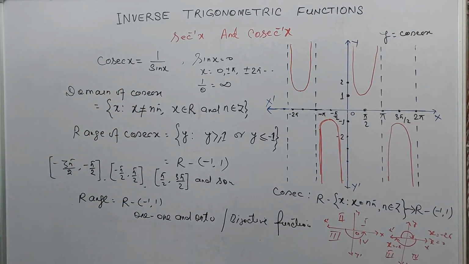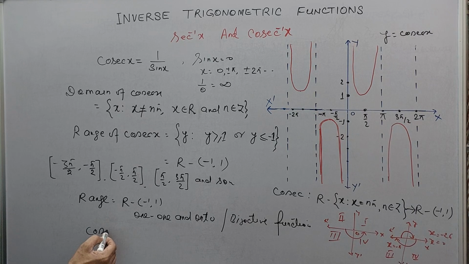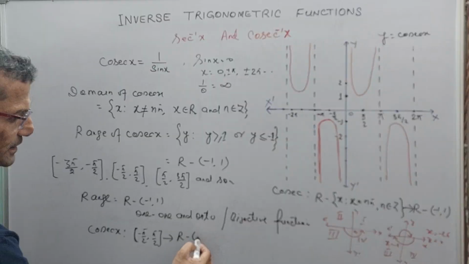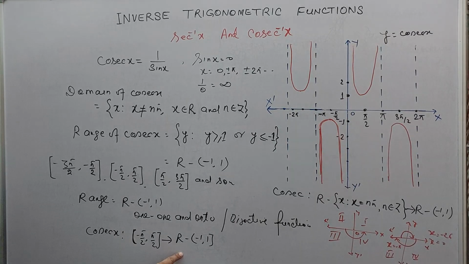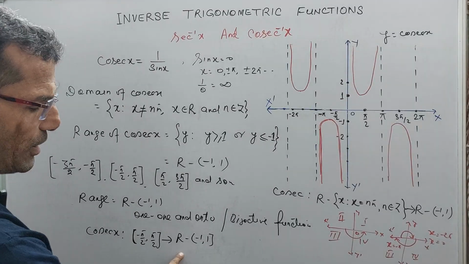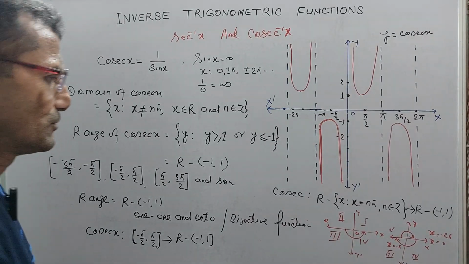So let us take one branch of this cosec x. If I consider this branch, -π/2 to π/2, this is our domain and this is our range. This range is also the codomain. Always range is a subset of the codomain.